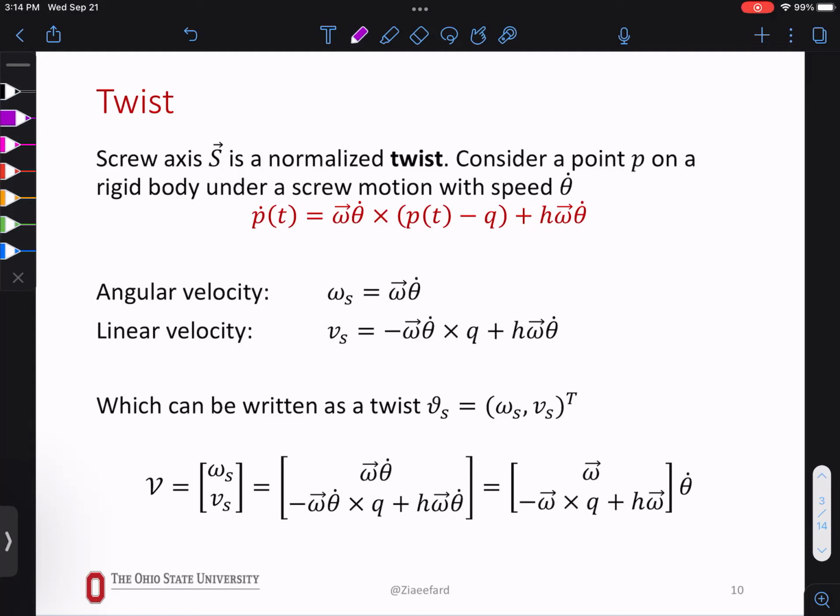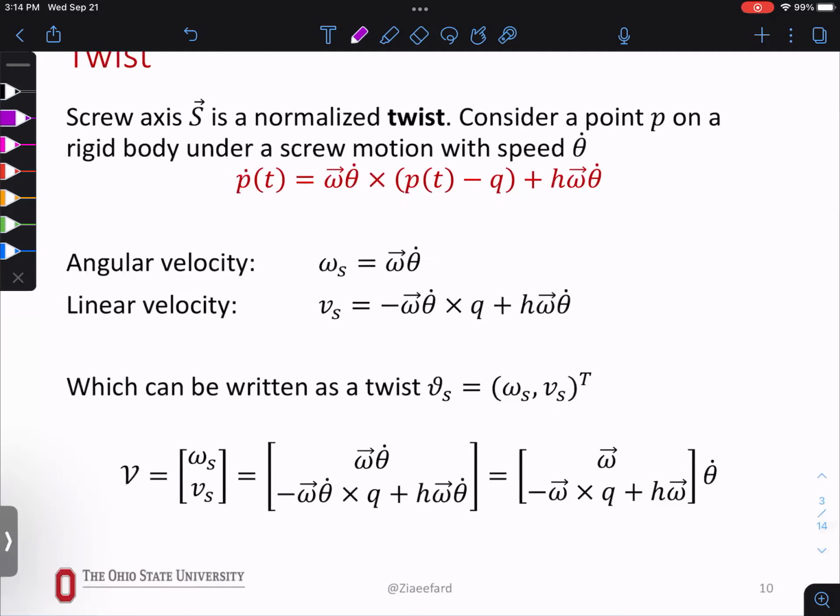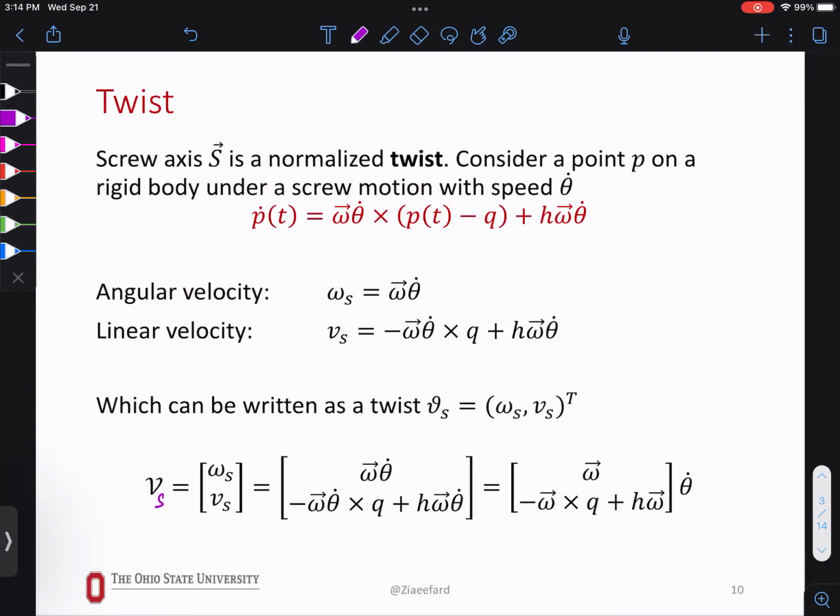We can put this as a twist defined as omega s and v s. When I say s, what does that subscript s mean, based on what we have seen before? With respect to a fixed frame. You always have a fixed frame, and you're measuring everything from it. Different joints could be under screw motion, but when you're writing their twist, you're always measuring with respect to a fixed frame.